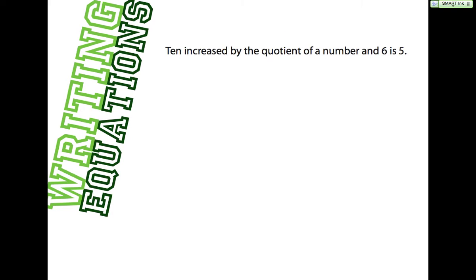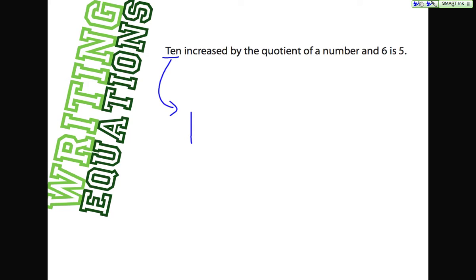10 increased by the quotient of a number and 6 is 5. So 10 increased, that means you're adding something, by what? It's increased by the quotient. Remember, quotient means division. So it's going to be something divided by something. What's getting divided by what? It's the quotient of a number. That's a mystery. We don't know it, so I'm going to put an x there.